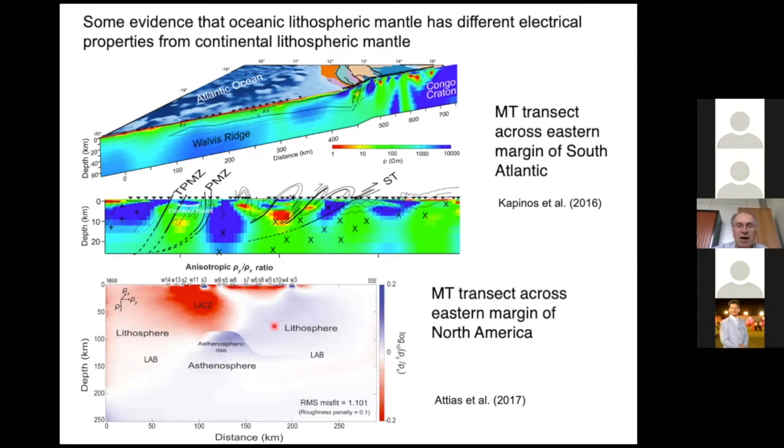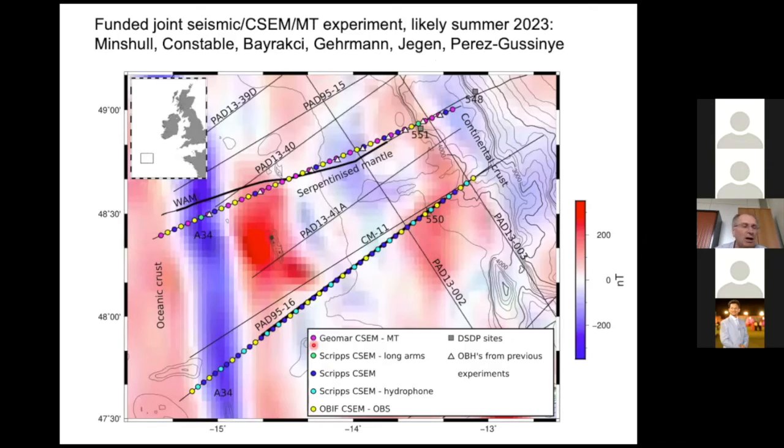What this work showed was that there was a difference in anisotropy between the North American continental lithosphere and the oceanic lithosphere further seaward. So there's some hope that with electromagnetic methods we might be able to get at this transition from continental to oceanic mantle.